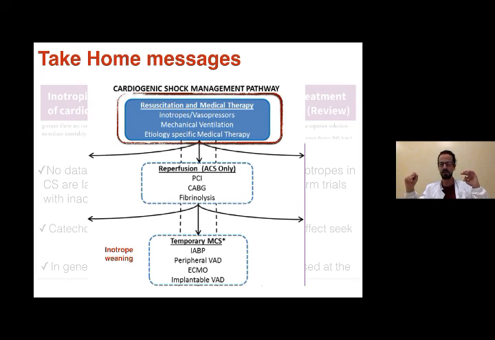But we also have to assess promptly whether this is not enough, and not wait to step up the approach to mechanical circulatory support, for example, where the inotropes should be weaned off, because there is something mechanical that is providing the cardiac output and the perfusion of our body.